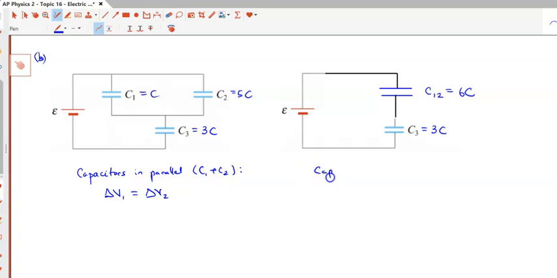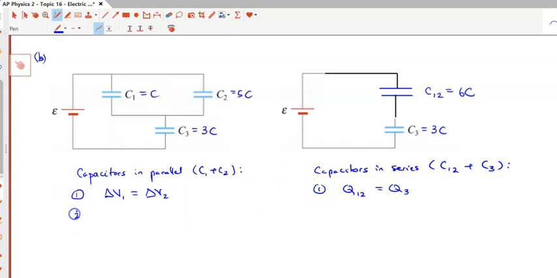When you have capacitors in series, so in this case that would be C1,2 and C3, we know that they will have the same charge. So the charge of 1 and 2 will be the same charge as 3. Okay? So that's one rule for each one.